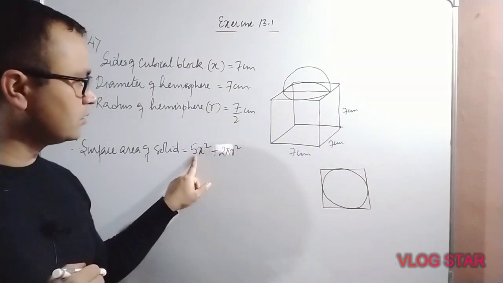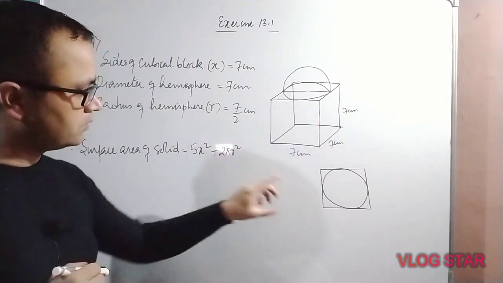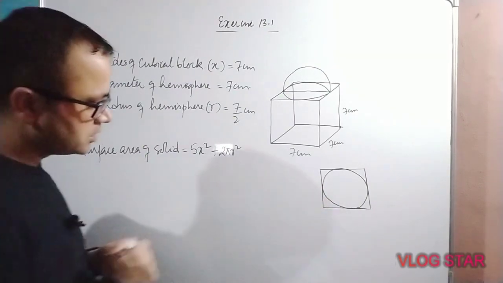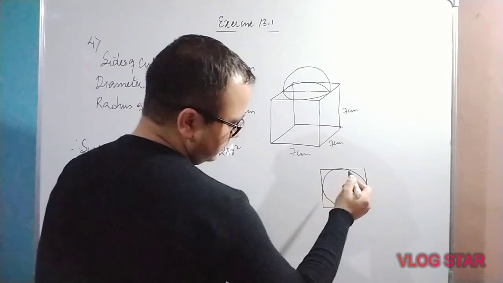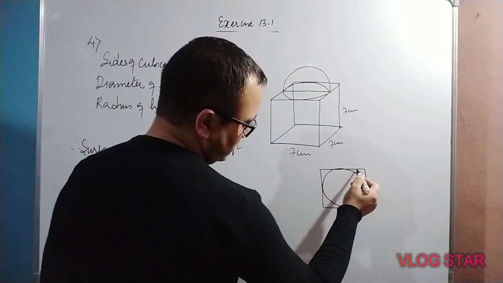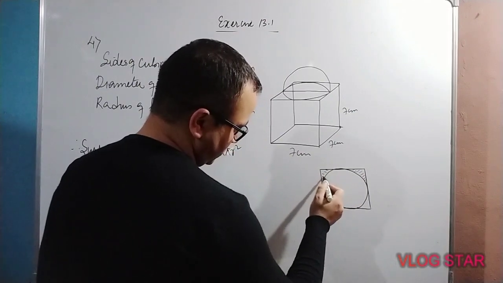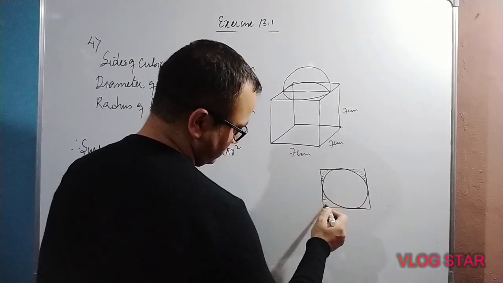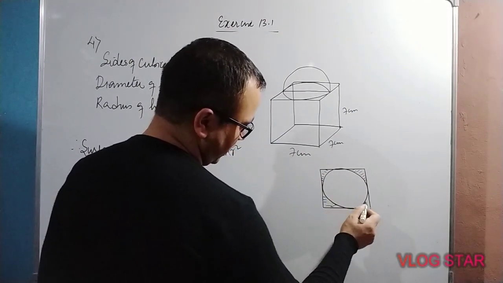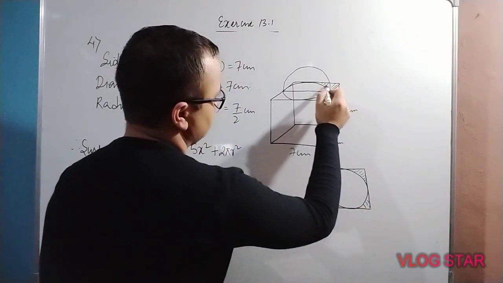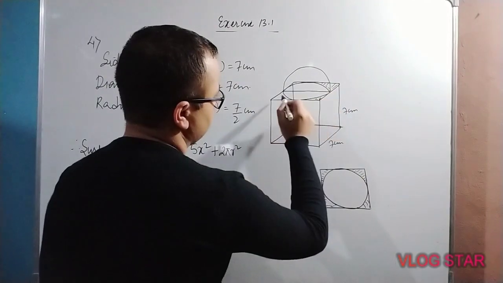So the covered face is only one face. In this face, you will be able to see these portions are uncovered. Now we have to calculate this uncovered face also.